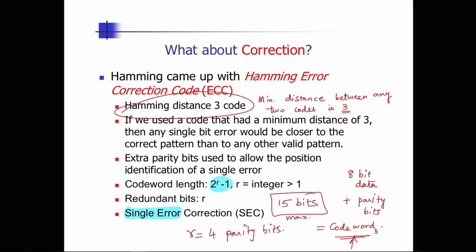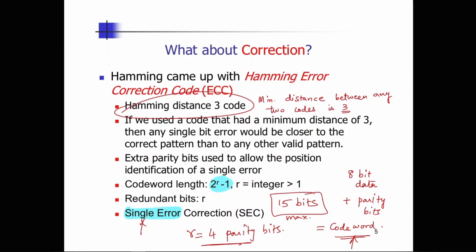We can obviously reduce that to 11 or 12 code word length, and we'll see an example with a 12-bit pattern. But the maximum that you can get to achieve single error correction is 15 bits if we have R set to 4 parity bits. So those are our redundant bits. No information, just for correction of single error.